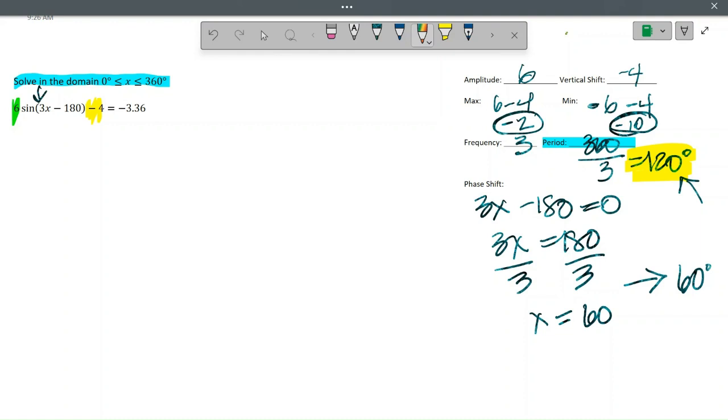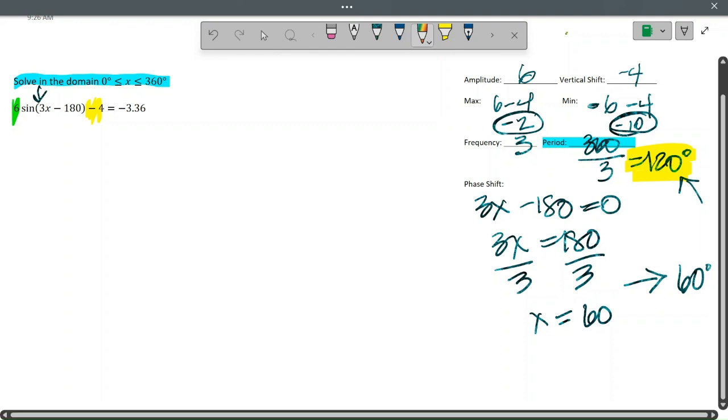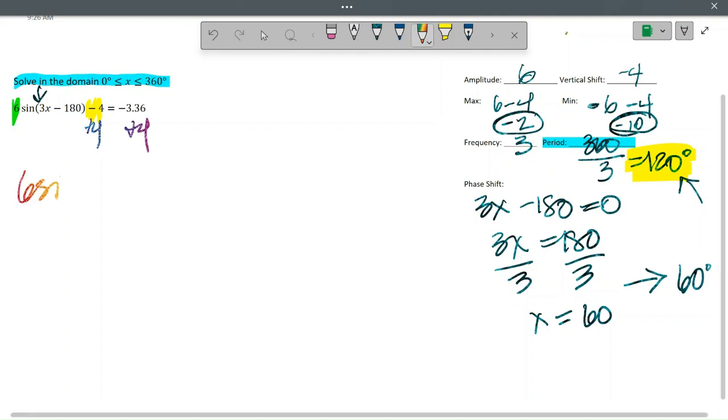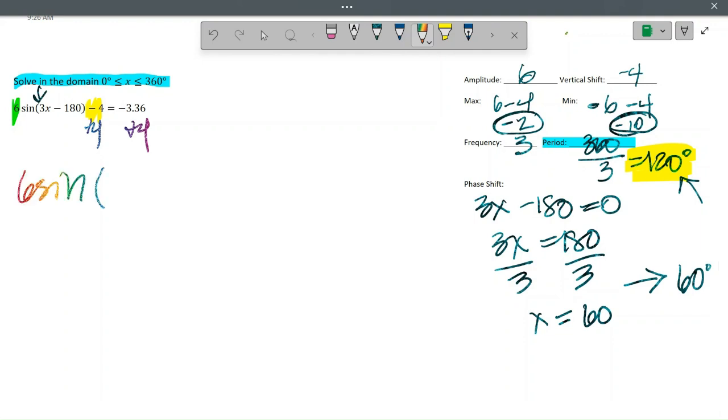I'm going to try to get sine of 3x minus 180 degrees by itself. So I'm going to follow the order of operations in order to do that. I'm adding 4 to both sides. That gives me sine of 3x minus 180 equals 0.64. Okay.